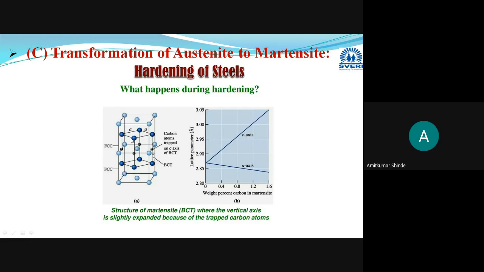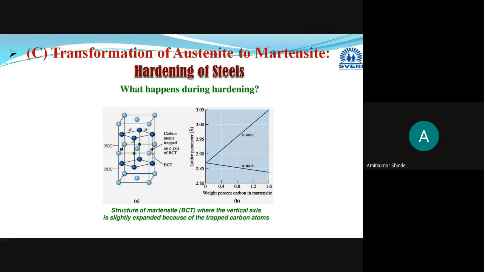In this way, martensite is nothing but a supersaturated solution. It is a solid solution but supersaturated, meaning it exceeds the solubility limit. It is a supersaturated solid solution of carbon in alpha iron, formed due to the shear mechanism. No diffusion is occurring here; it is a diffusionless transformation.